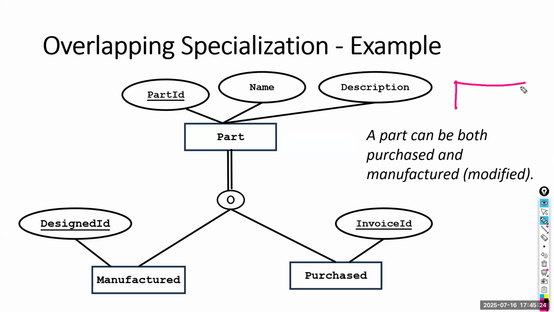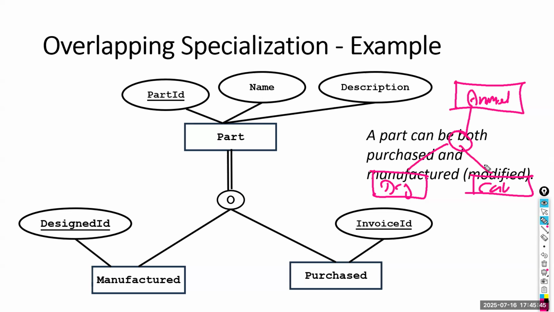animal. So we say we have animals. So animal can be dog. So we keep dogs and we keep cats. My question is, is it disjoint or overlapping? Common sense.